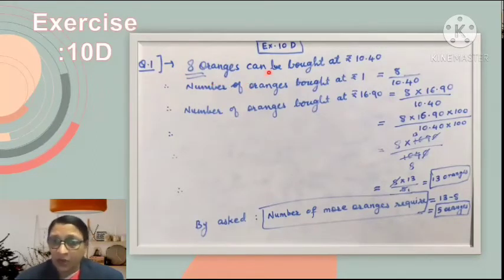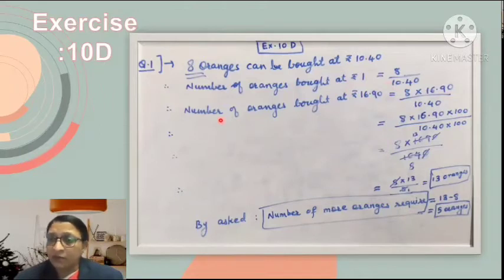That is, 8 oranges can be bought at rupees 10.40. By the unitary method, we will find out the number of oranges bought at rupees 1 by dividing 8 by 10.40.